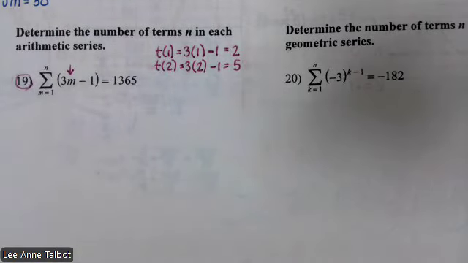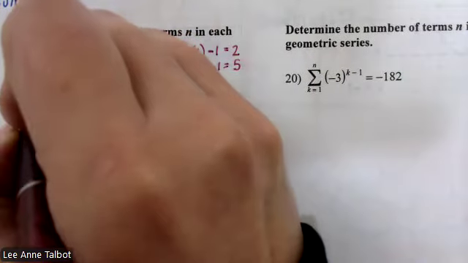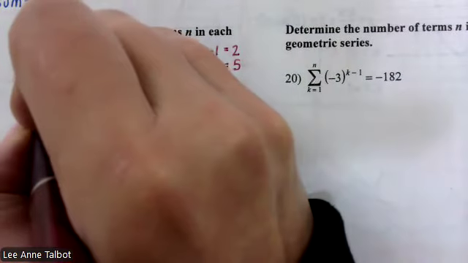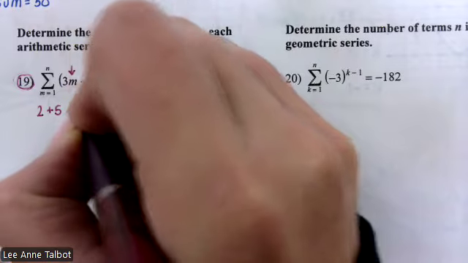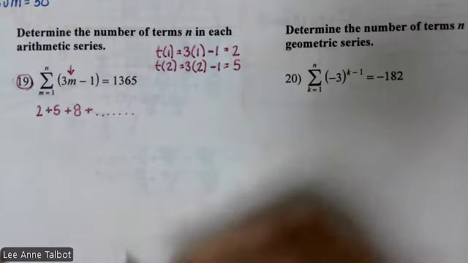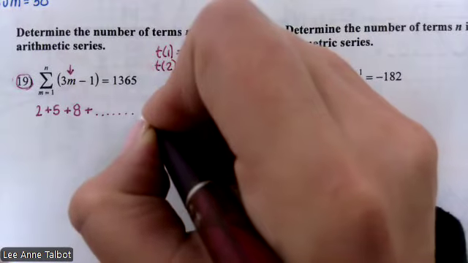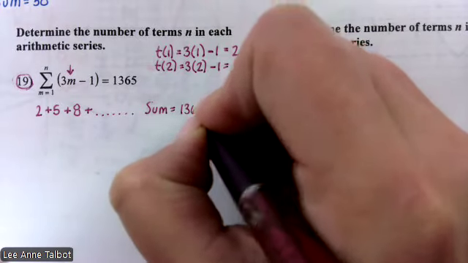Everybody okay there? Okay, what I'm going to do is use this information to make a picture of the series. So it starts at 2, goes to 5, goes to 8, goes to stuff. And the sum is 1365.